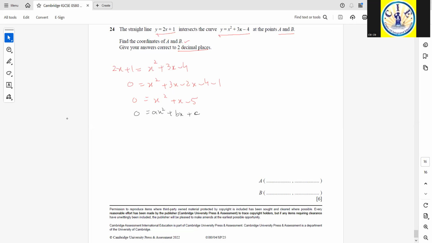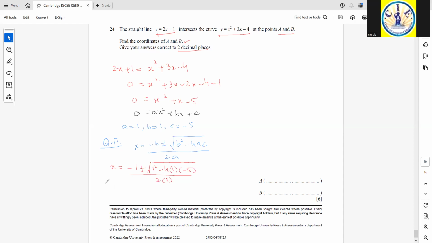So the value of a is 1, b is 1, and the value of c is negative 5. Now using the quadratic formula, x equals negative b plus minus square root of b squared minus 4ac, divided by 2a. Now let me replace the values. X is equal to negative 1 plus minus square root of 1 squared minus 4 times 1 times negative 5, whole divided by 2 times 1.